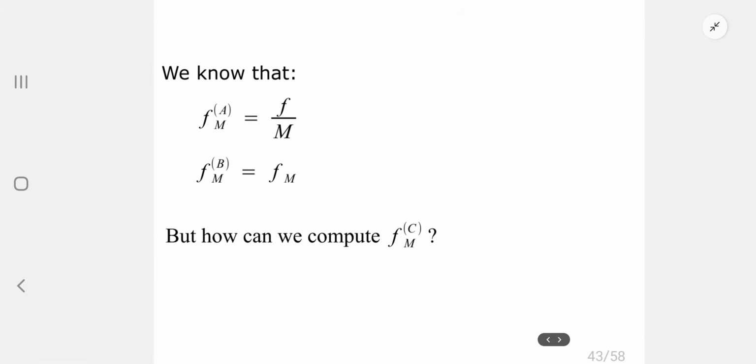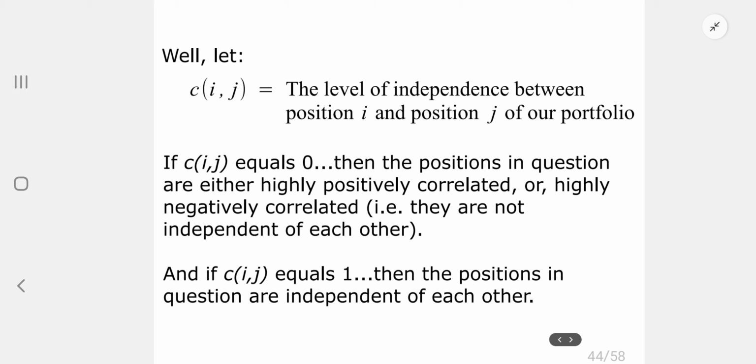We know that small f_A(M) equals small f divided by M, and small f_B(M) equals small f. But how can we compute small f_C(M)? Well, let C_ij equal the level of independence between position i and position j of our portfolio.